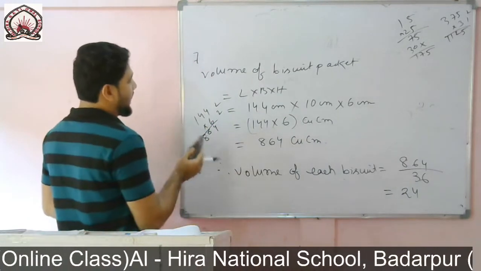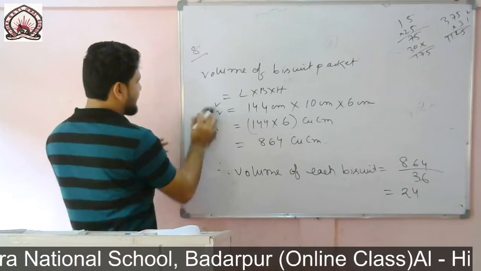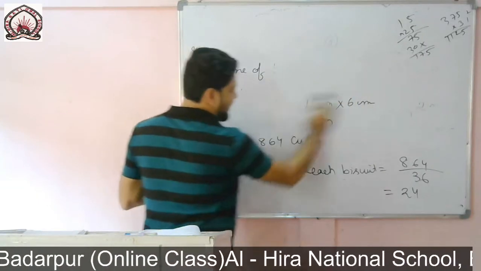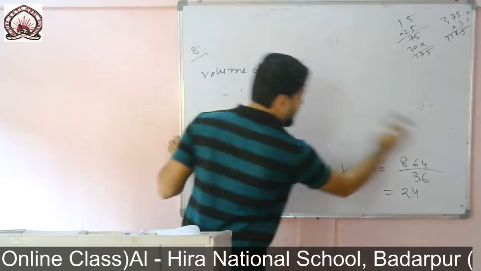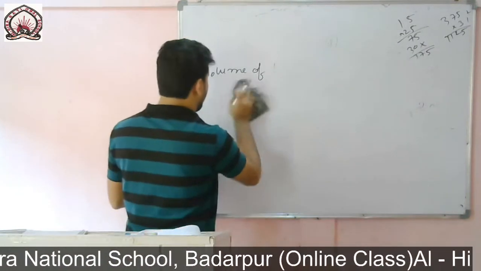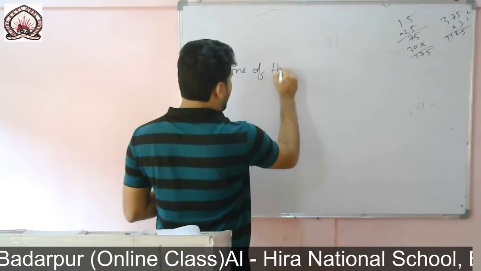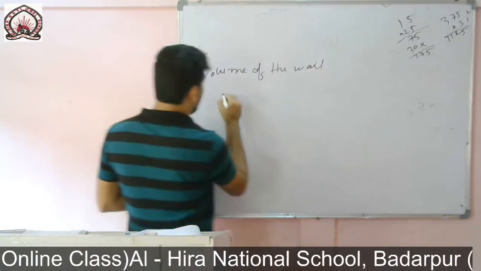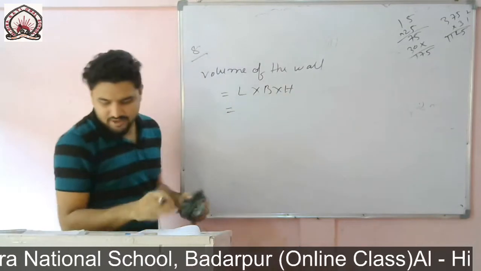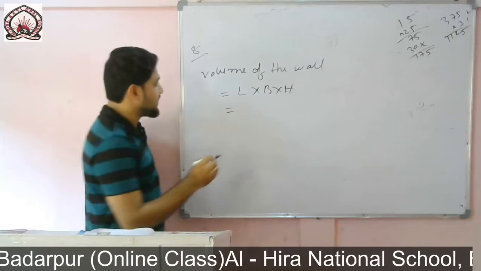Okay, so write number 8. Volume of the wall, what? Length into breadth into height. Okay, so length is given what? Length is given 18 centimeter.